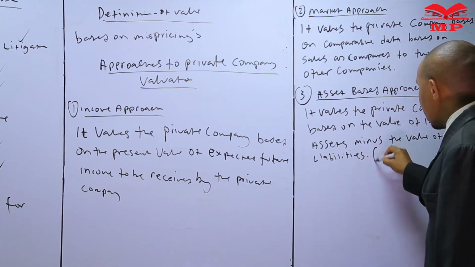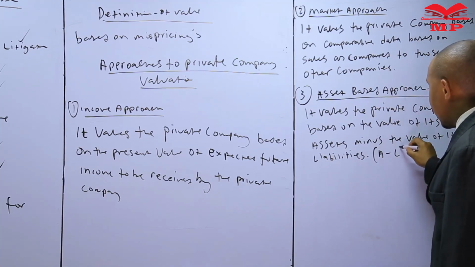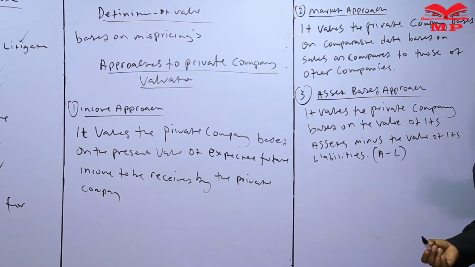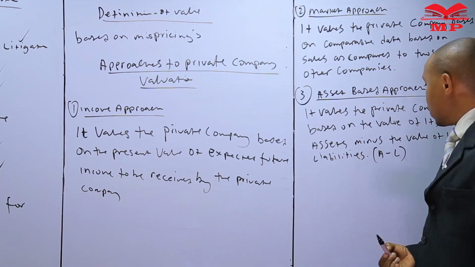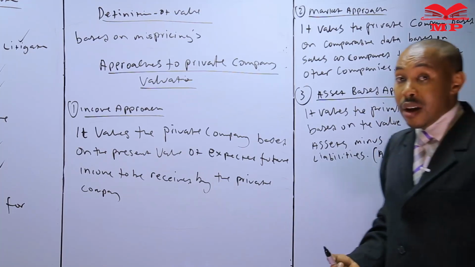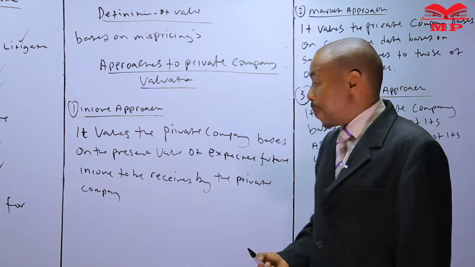So we are simply saying that assets minus liabilities provides the value of the private company, based on this asset-based approach.